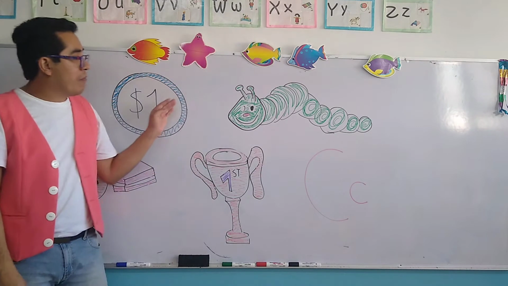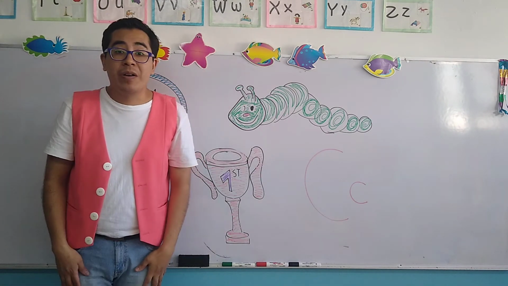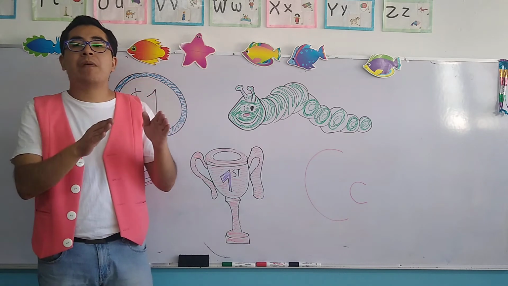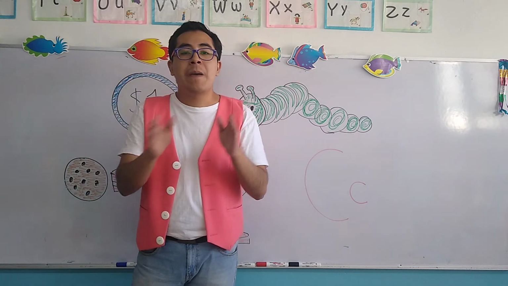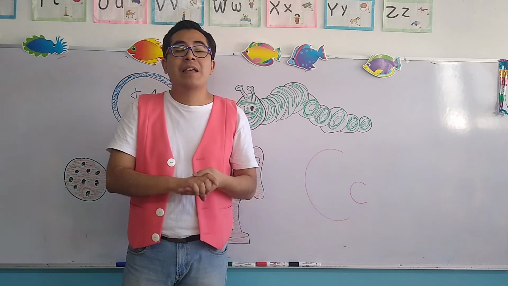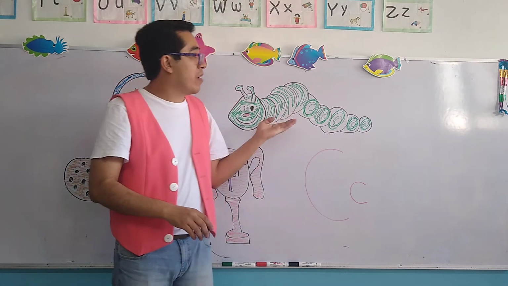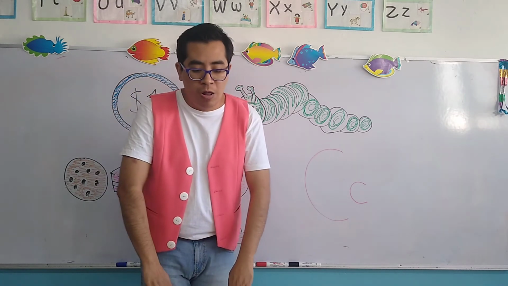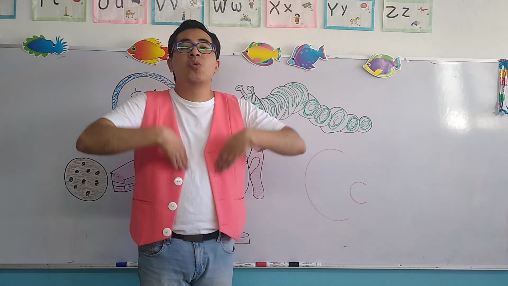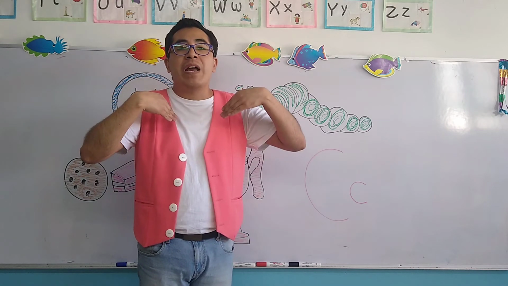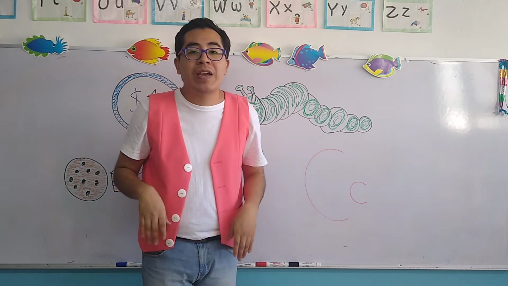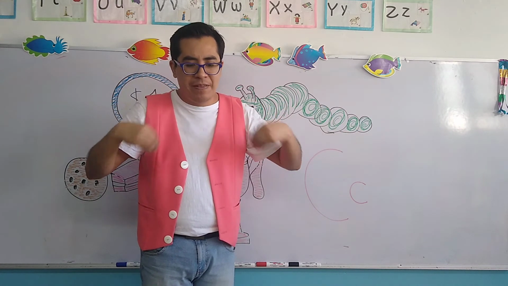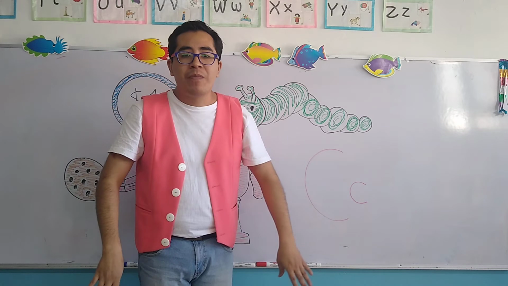Next to the coin, we have the caterpillar. Now, the caterpillar is part of the family of insects, okay? Pertenece a la familia de los insectos. Another characteristic of the caterpillar is that it uses all of its body, usa todo su cuerpo para moverse. It doesn't have legs like a spider. It doesn't have legs like a worm, okay?